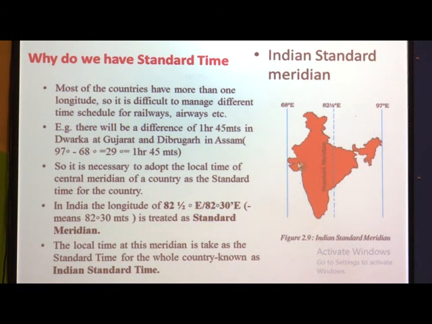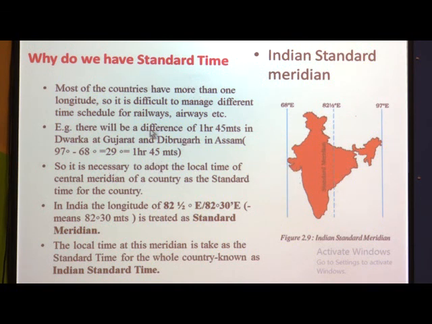So 97 minus 68, we get 29 degrees, near about 30 degrees, which means just less than 2 hours, that is 1 hour 45 minutes.